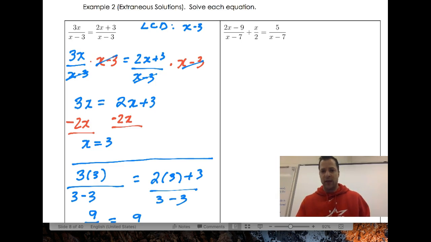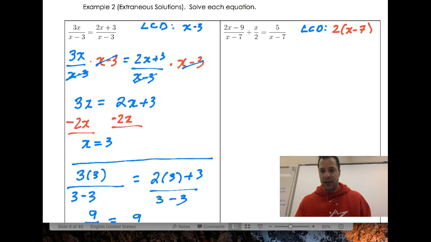And I'm going to tell you right off the bat, one of our solutions, see how we have x minus 7 there? One of our solutions is going to be 7, and that's the one that's not going to work. So for the LCD, remember, it's all the factors. Look, we have x minus 7 and we have a 2. So our LCD is 2 times x minus 7.